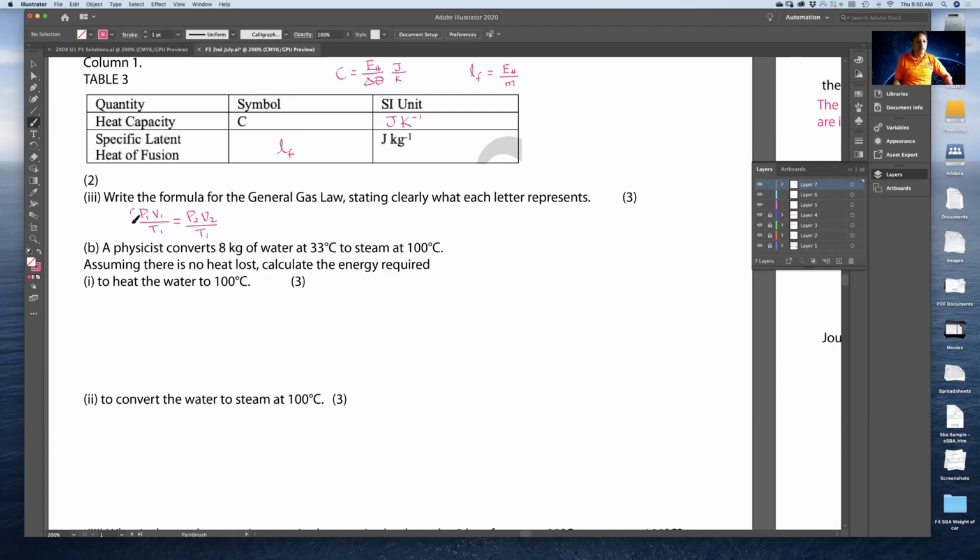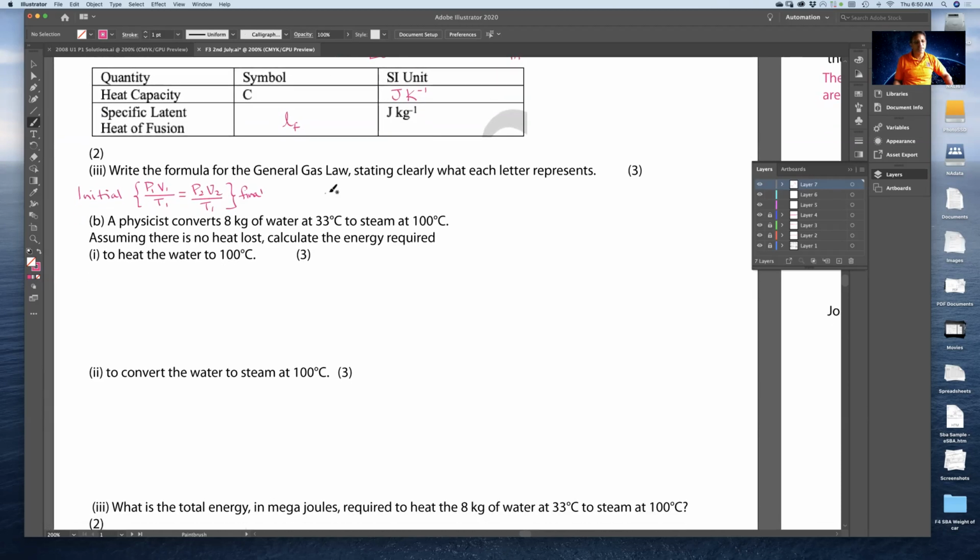P1 V1 over T1 represents the initial pressure, volume, and temperature, and P2 V2 over T2 represents the final pressure, volume, and temperature. We all know this symbolism, so you can write it another way. You can say PV over T is equal to a constant.